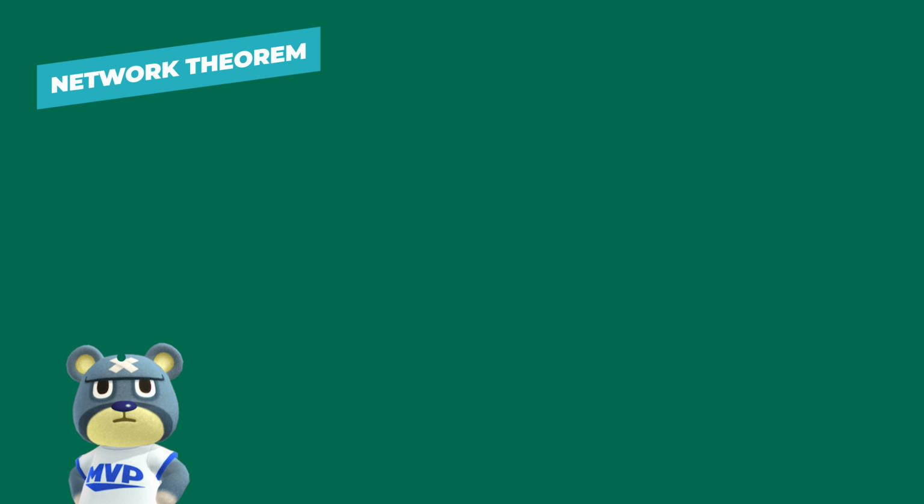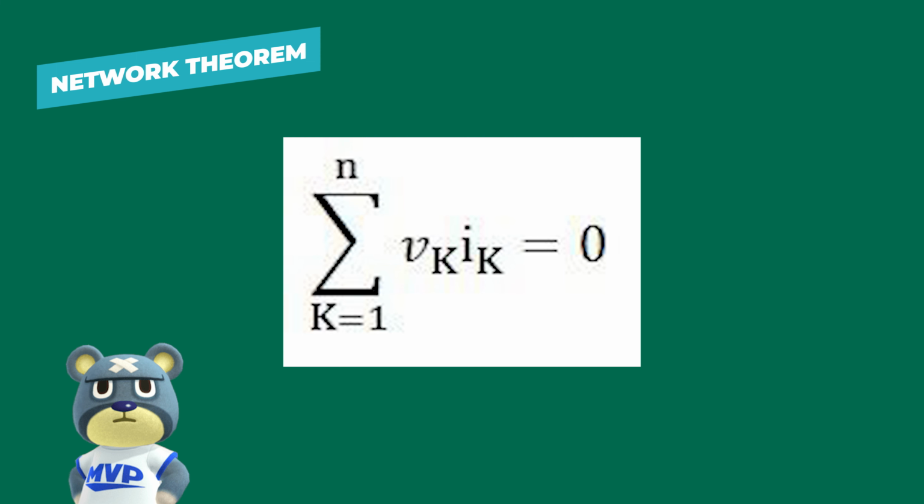Explanation of Tellegen's theorem. Tellegen's theorem can also be stated in other words: in any linear, nonlinear, passive, active, time variant or time invariant network, the summation of power is zero.